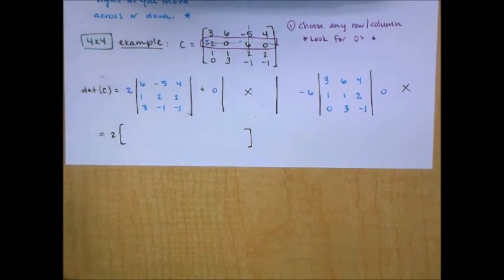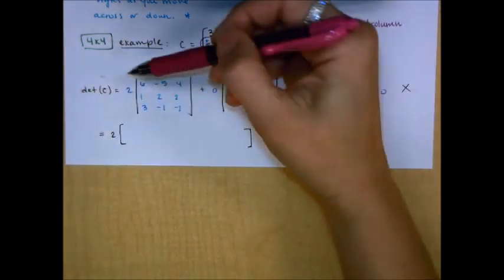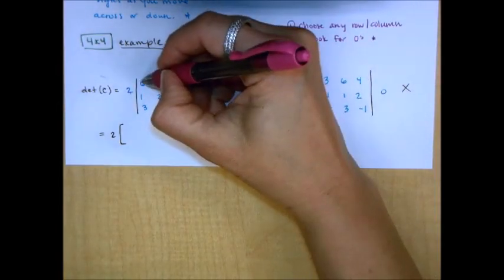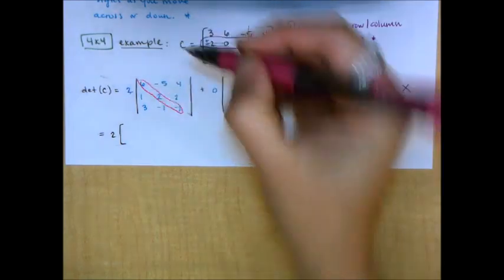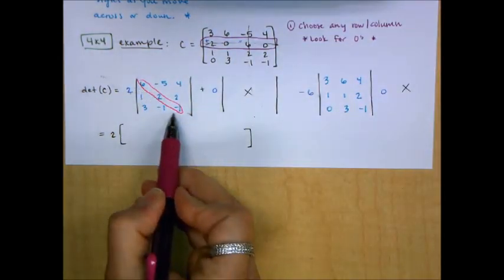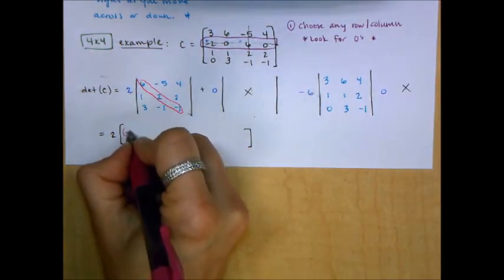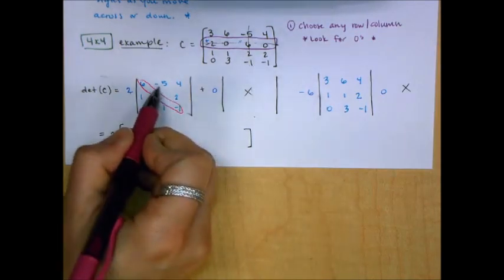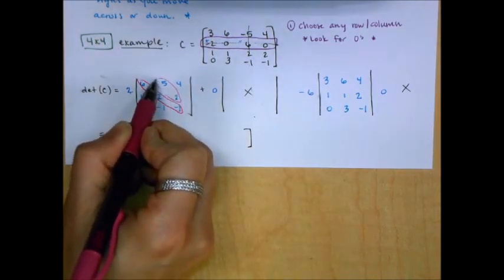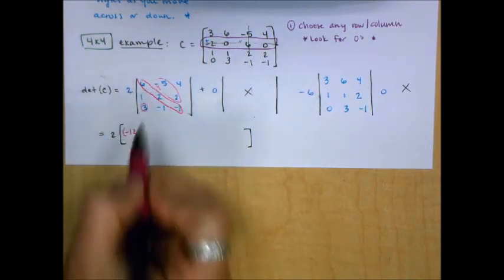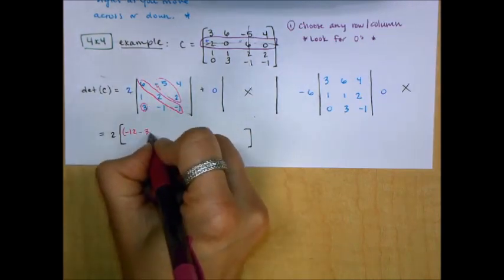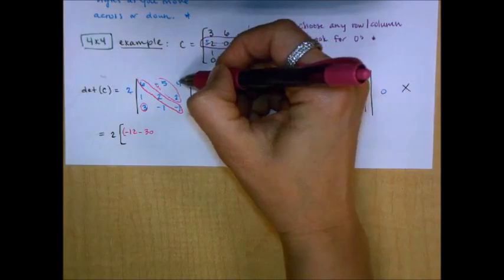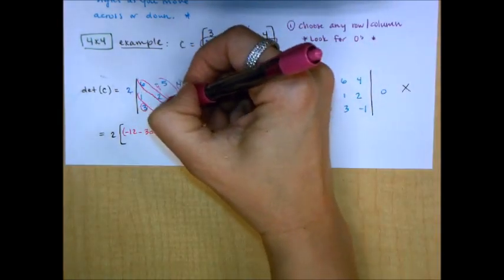So here we're going to start with 6 times 2 times negative 1. Go this way. This is going to give us a product of negative 12. We then do negative 5 times 2 times 3. So that's negative 10 times 3, which is negative 30. And last, 4 times 1 times negative 1 is negative 4.